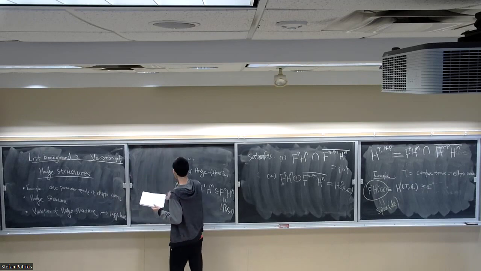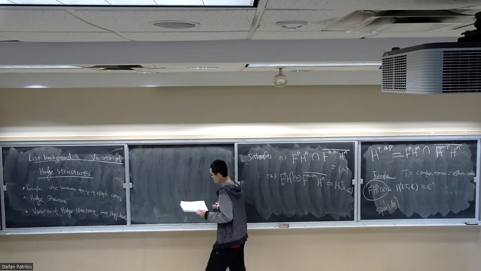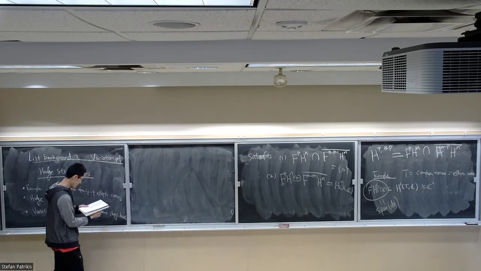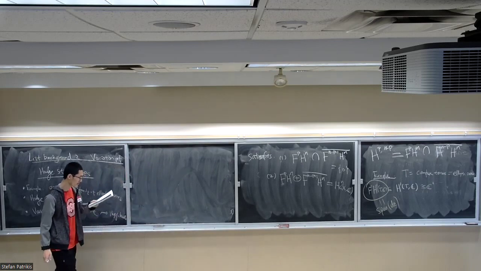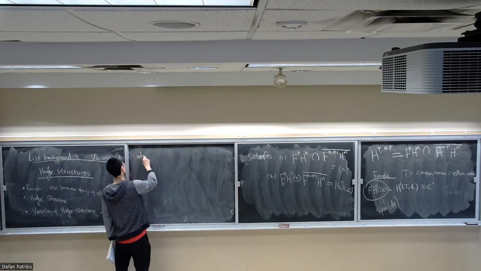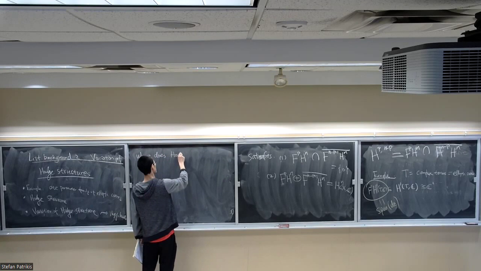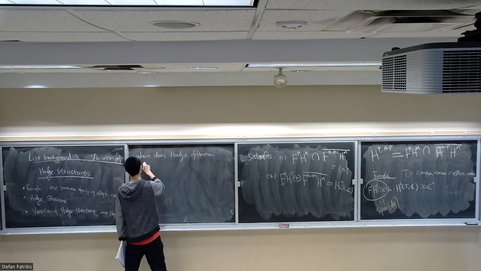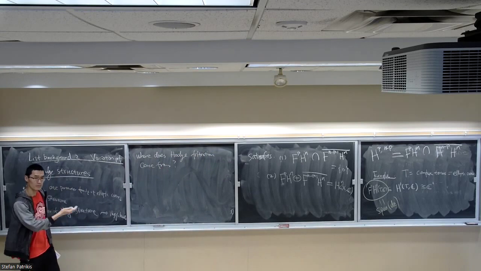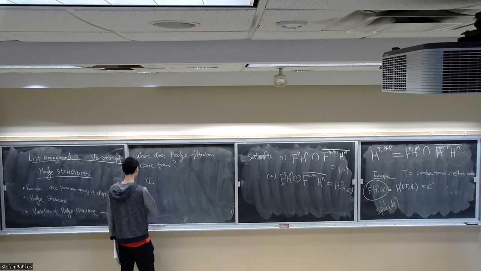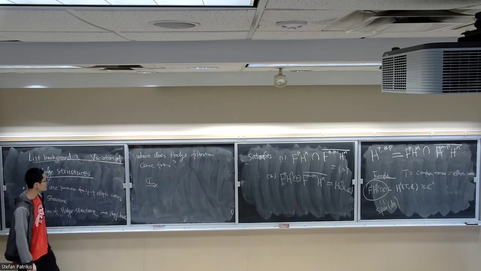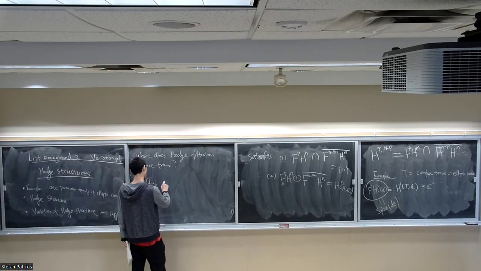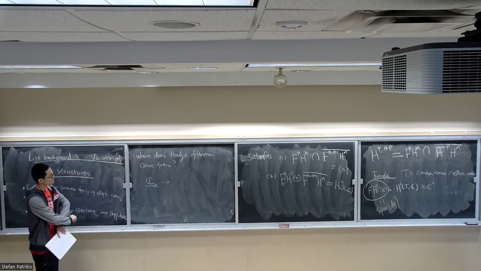Here is some algebraic story of where this is coming from. Where does the Hodge structure, the Hodge decomposition, come from? You have to work with sheaf cohomology. You have a constant sheaf C, and you want to take a resolution by coherent sheaves.